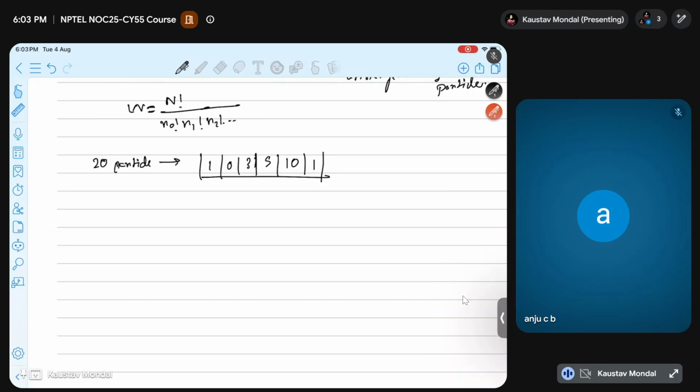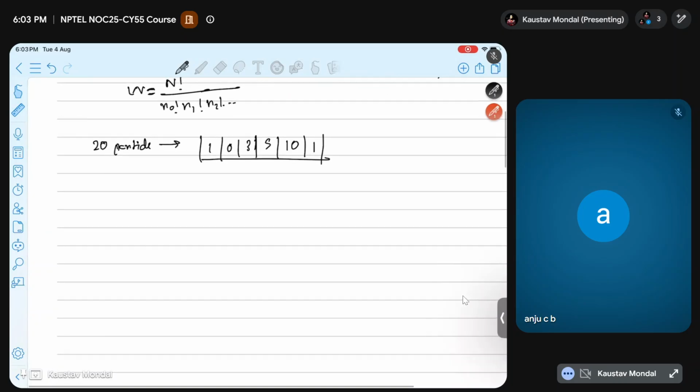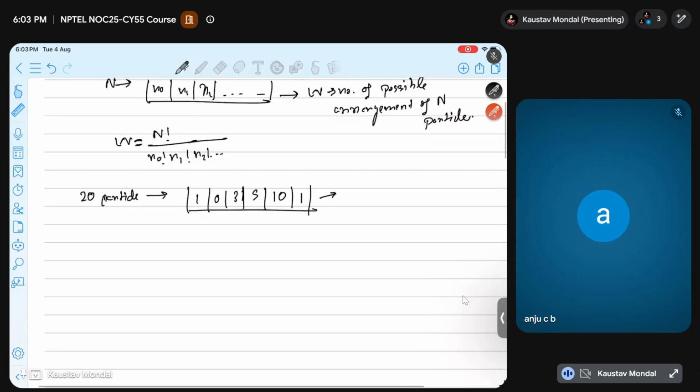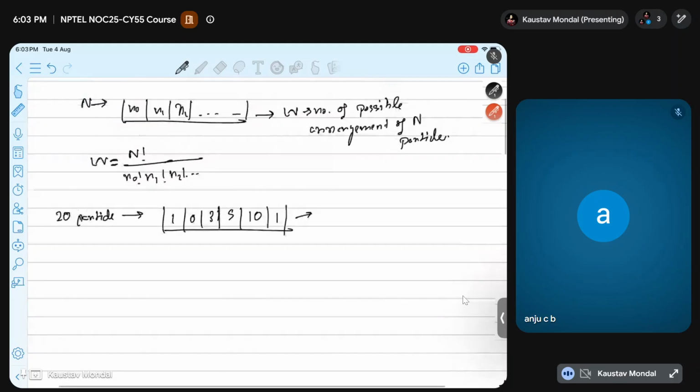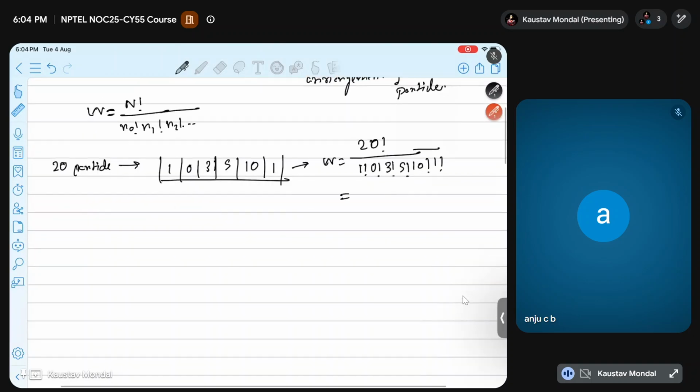The number of possible arrangements for this particular configuration is W equals 20 factorial divided by 1 factorial, 0 factorial, 3 factorial, 5 factorial, 10 factorial, and 1 factorial. This is a very huge number, 9.31 times 10 to the power 8. So this is the weight of this particular configuration.